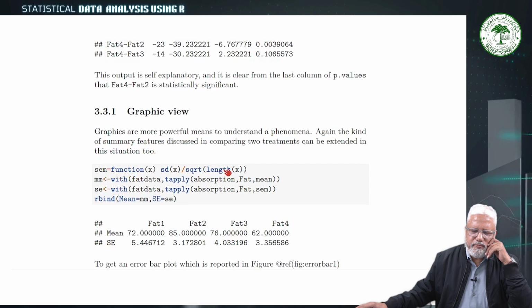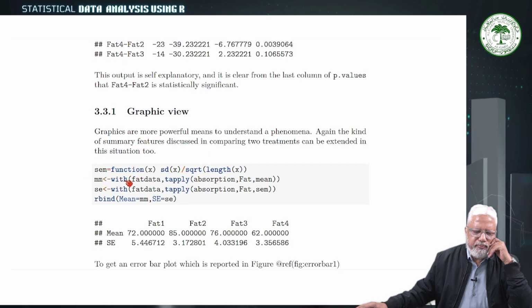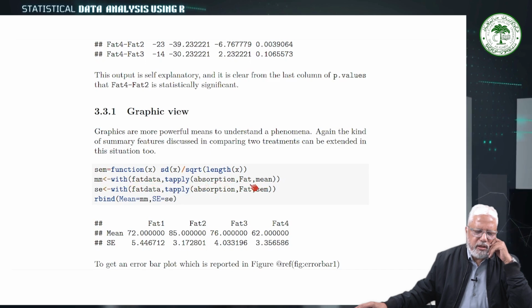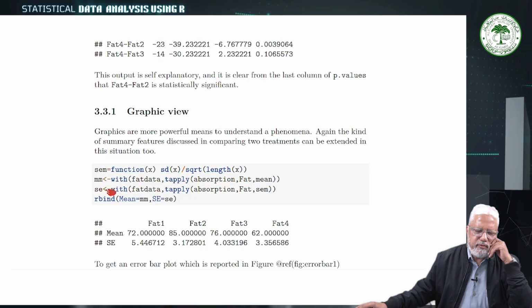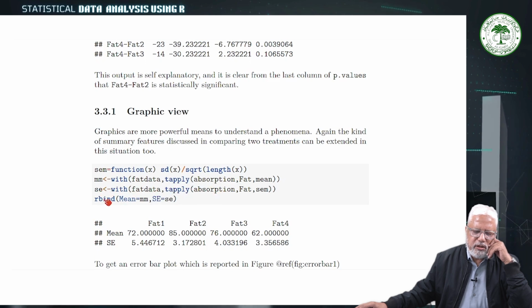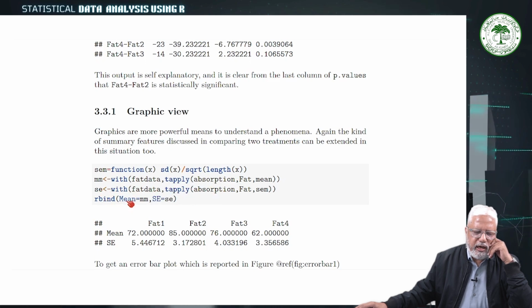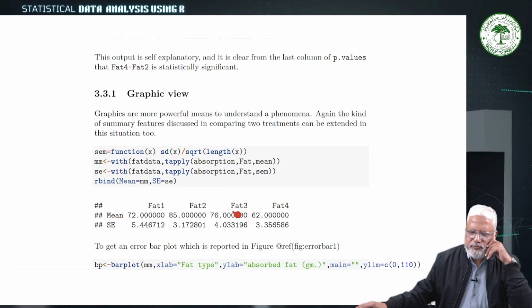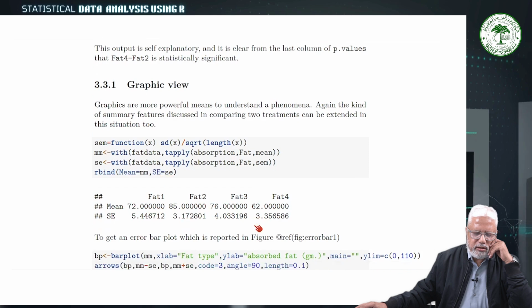So, with the standard error of mean function and fat data, using tapply we are computing the mean vector, and then here we are computing the standard error of each fat level. Then rbind, so mean is equal to, and se is equal to; these are the means for the fats, and these are the standard errors.